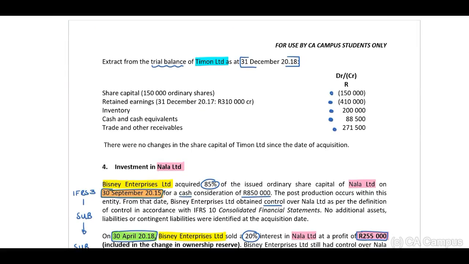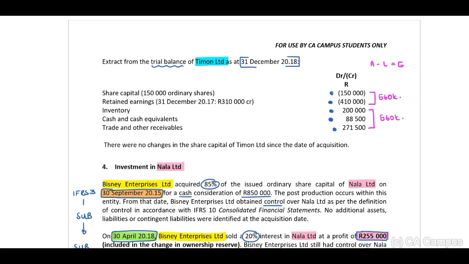Okay, so guys, how do we calculate net asset value? Remember that your assets minus liability equals equity. Therefore, you have two options. You can either add the 150,000 and the 410,000, and this will be an amount of 560,000, or you can add inventory, cash, and trade and other receivables, and this will be 560,000.